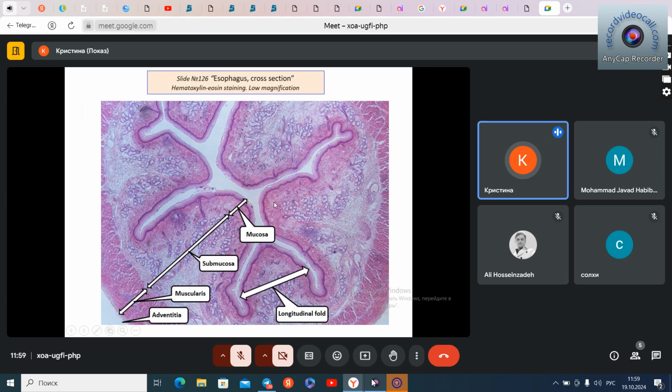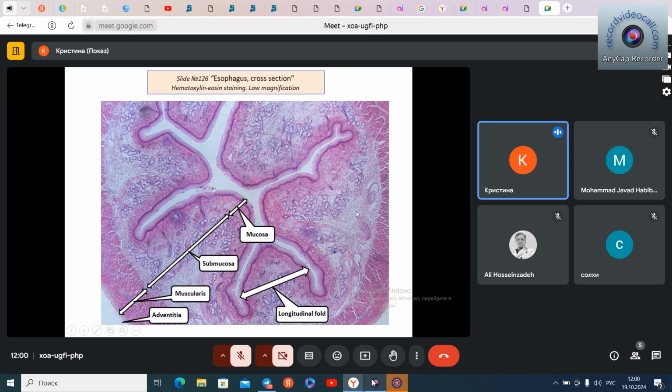Mucosa includes epithelium, lamina propria mucosa, lamina muscularis mucosa. Lamina muscularis mucosa looks here like single cross-sectioned bundles of smooth muscle cells. Then, after lamina muscularis mucosa starts the submucosa. It goes from lamina muscularis mucosa till the muscularis externa. So all this will be the submucosa.